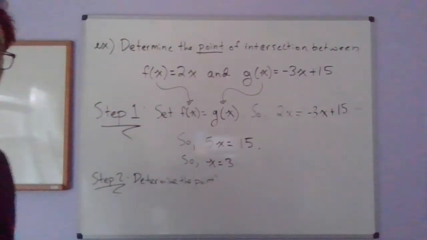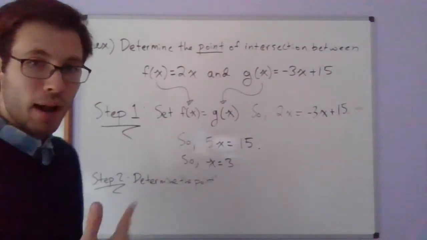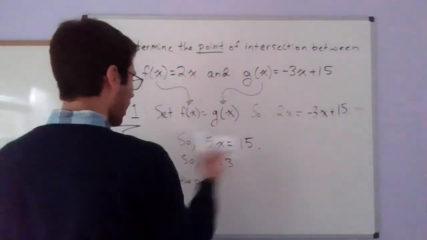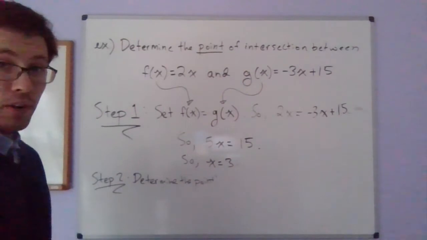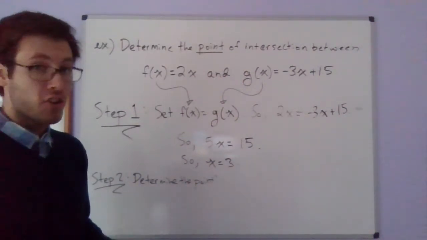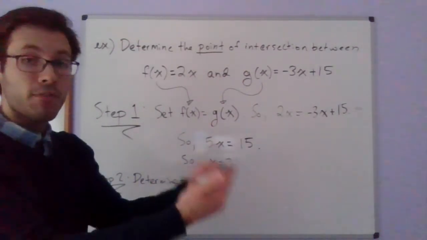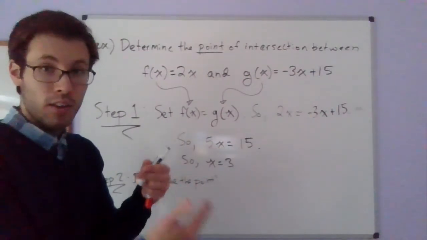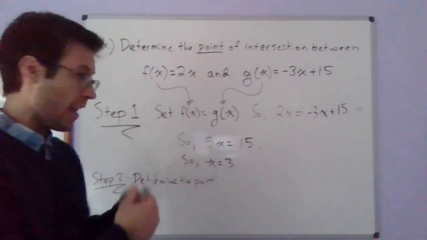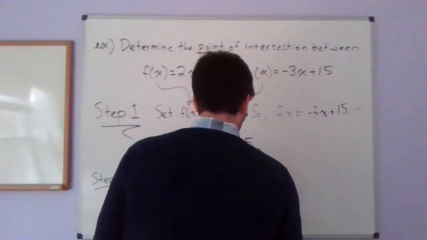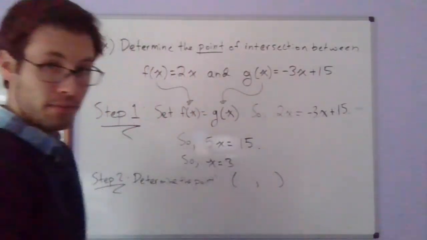Now, a lot of people get so wrapped up in this procedure that they figure out what x is, that x is equal to 3, and that they're done. You're not even halfway done. You haven't figured out what the point is. A point is represented as a value that looks like this and this.